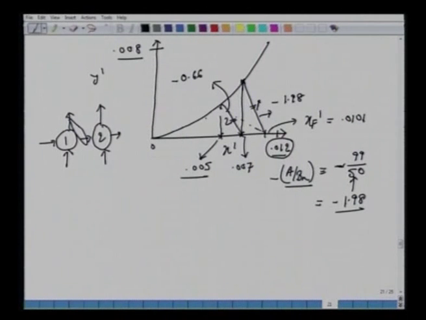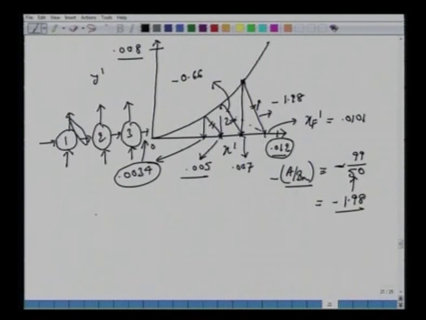Again, take the same line, same slope, and plot here. You should be able to read this number, the third stage, as 0.0034. So now we have the third stage, and this raffinate concentration is 0.0034.